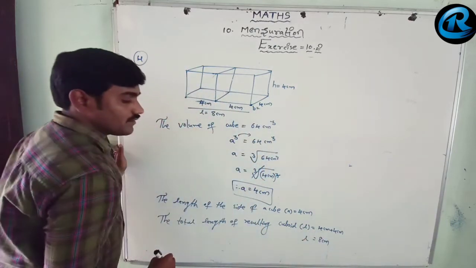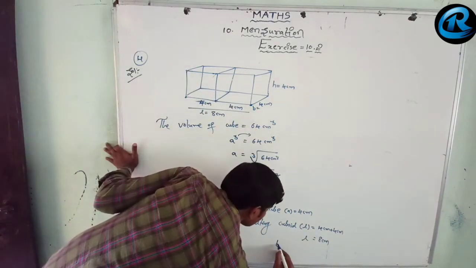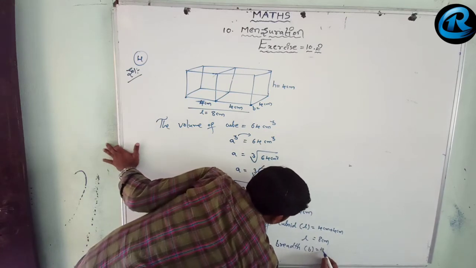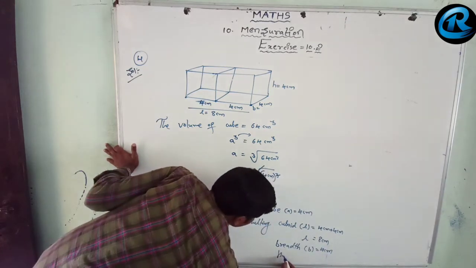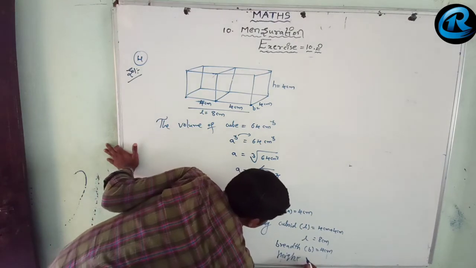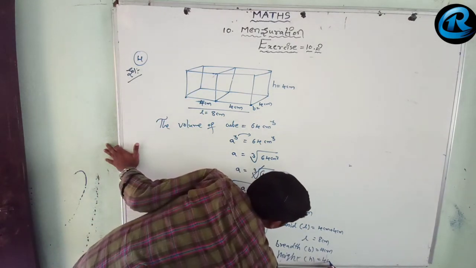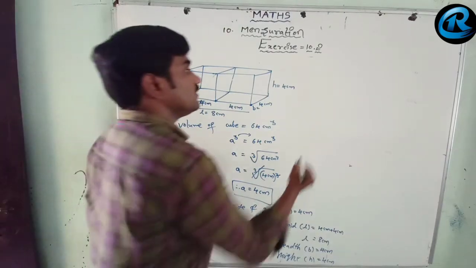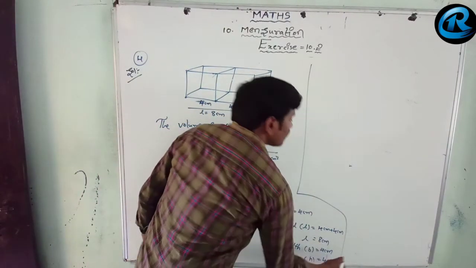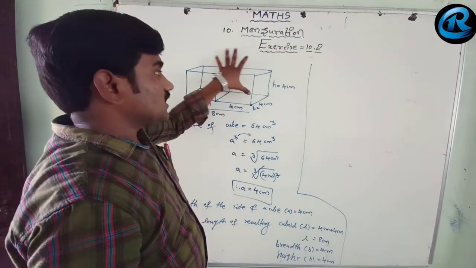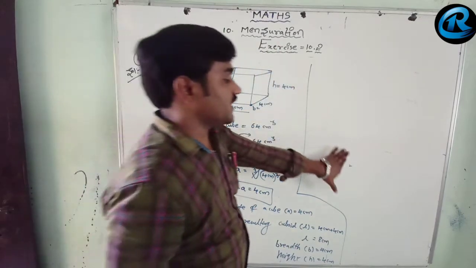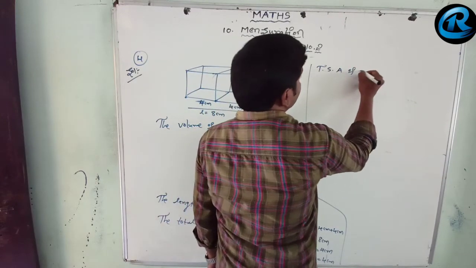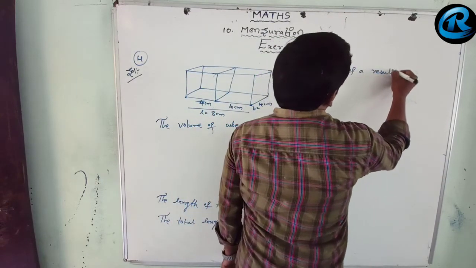The breadth B equals 4 centimeter and the height H also equals 4 centimeter. We got length, breadth and height. We can find out the total surface area of the resulting cuboid now.